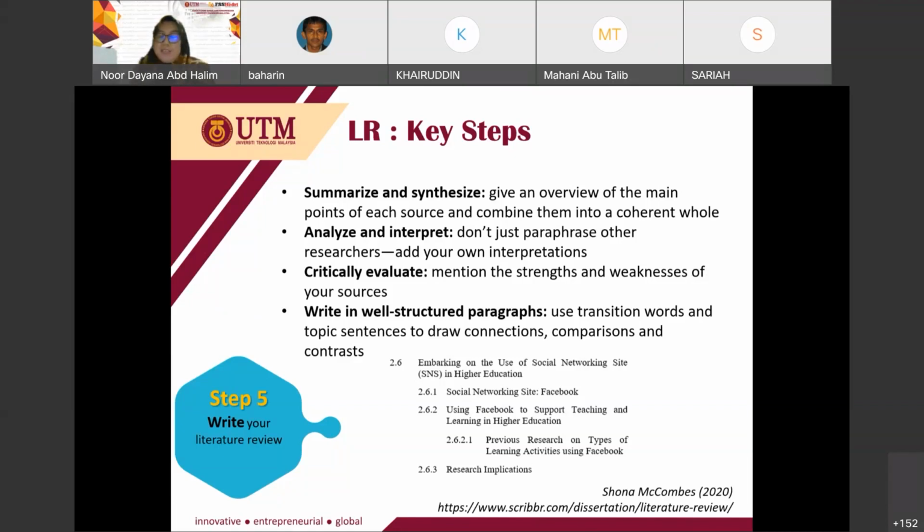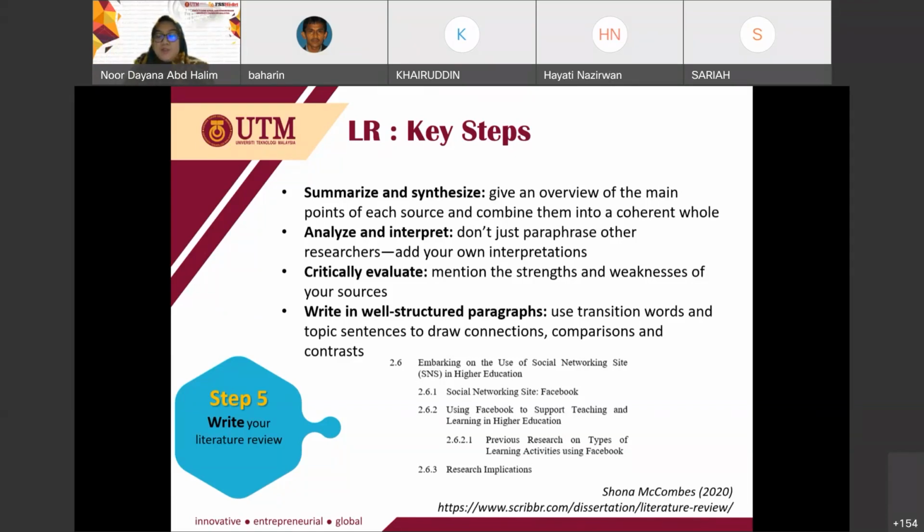This is important. I want you to remember that when you write one paragraph, make sure it has a correlation, that it relates with the other paragraph that you write.